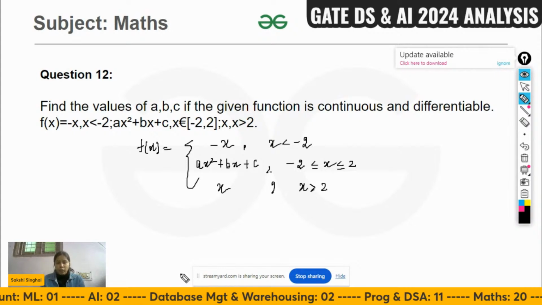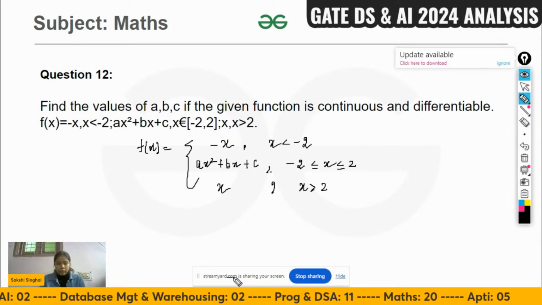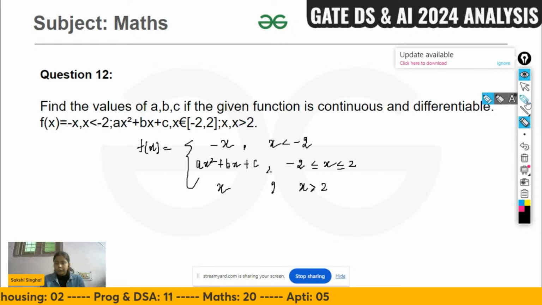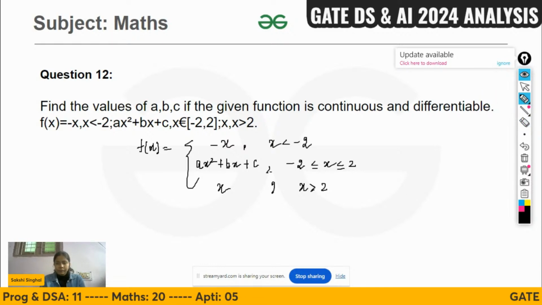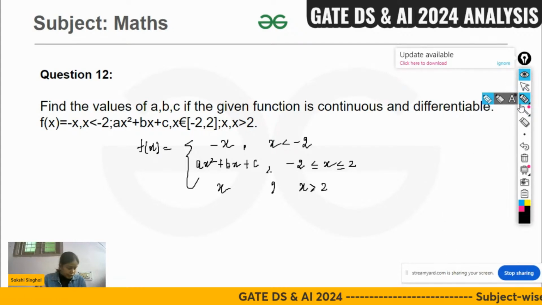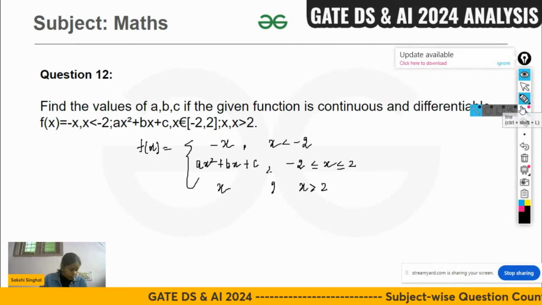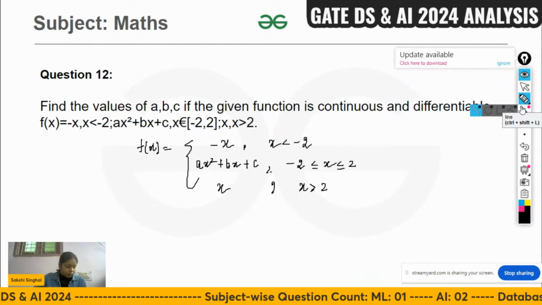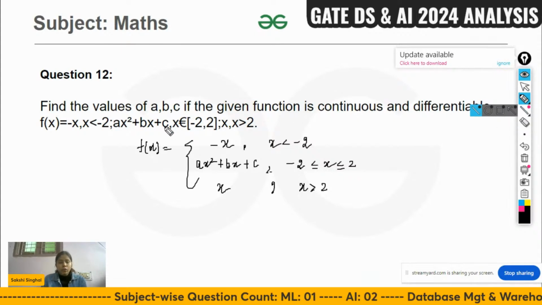If any of you remember what value you got, just let me know. Okay, so let's solve it. One student has got 1, 1, and minus 4. Anybody else, guys?